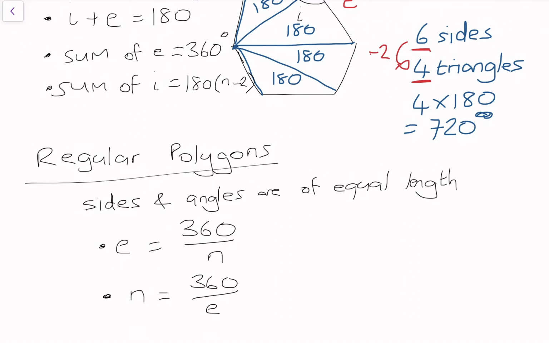So I haven't done any questions there, we haven't worked anything out. That's just a quick overview of what polygons look like and some of the rules that we need to think about when it comes to every polygon, and also some special rules about regular polygons. In the next one we will have a look at what we do when we get some particular questions, and where we go with that.